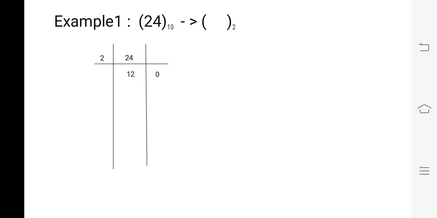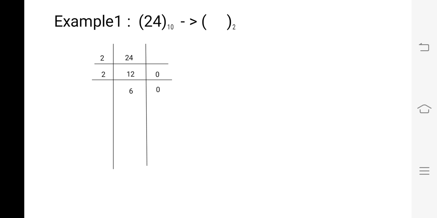Now we divide 12 by 2 because 12 is greater than 2. In the quotient we get 6. 6 multiplied by 2 equals 12. 12 minus 12, remainder 0 is coming.